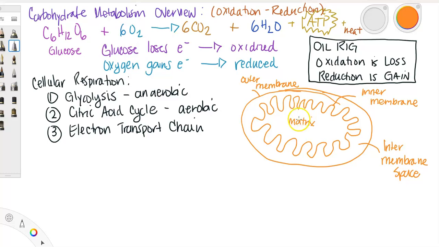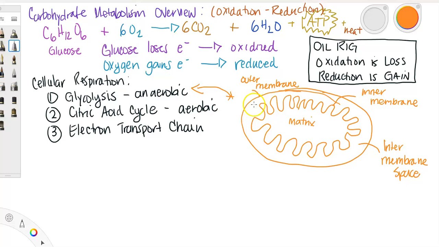So this is where cellular respiration basically occurs. So outside of the mitochondria, in the cytoplasm, that's where we're going to have glycolysis.